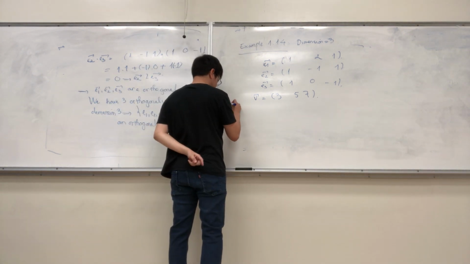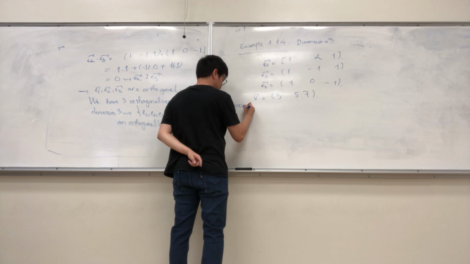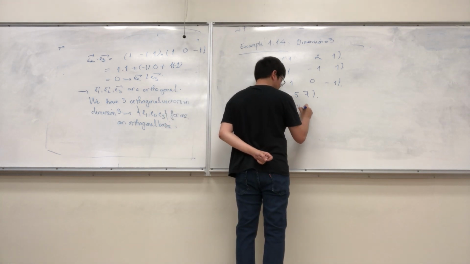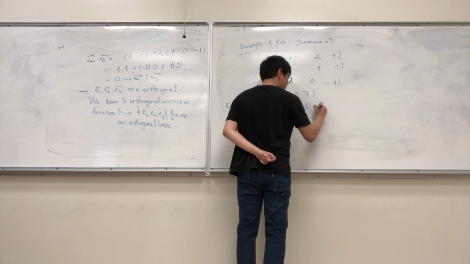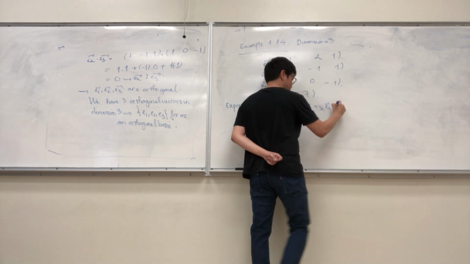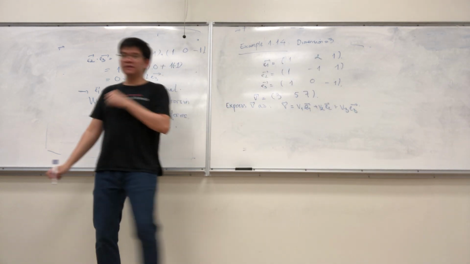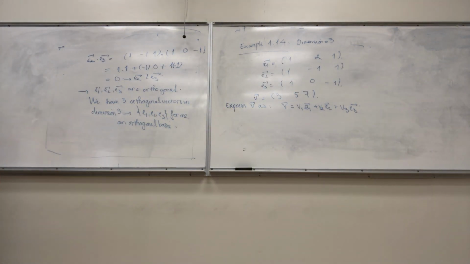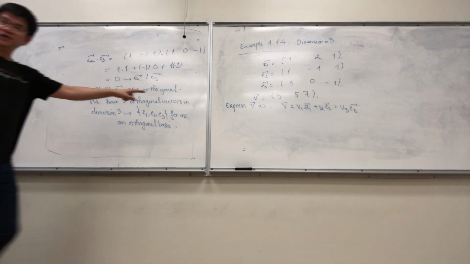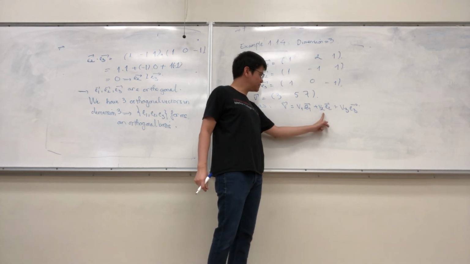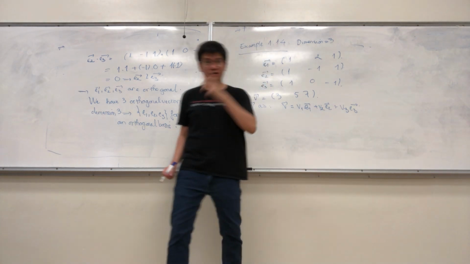So express V as V1 times E1 plus V2 times E2 plus V3 times E3. All right? So now I give you a vector (3, 5, 7). I have to write V as a linear combination of the basis. So V is V1 times E1 plus V2 times E2 plus V3 times E3, right?